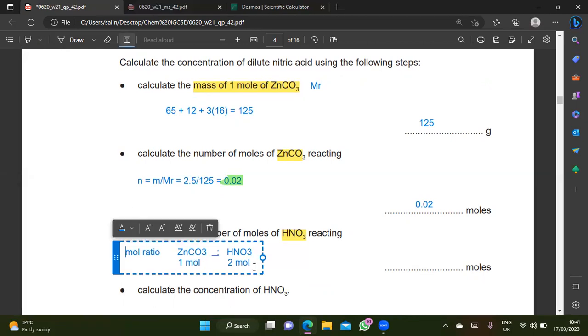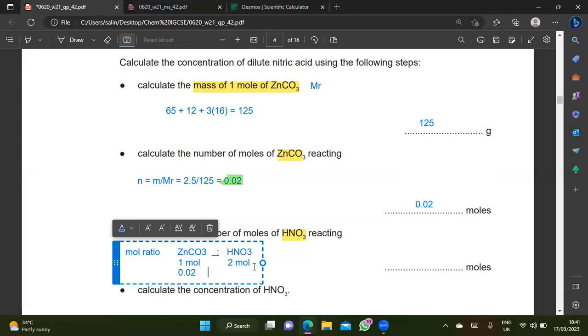So meaning that from our calculation, although in the formula or the recipe, 1 mole zinc carbonate reacts with 2 mole nitric acid, but actually, the one that we use is only 0.02 mole.